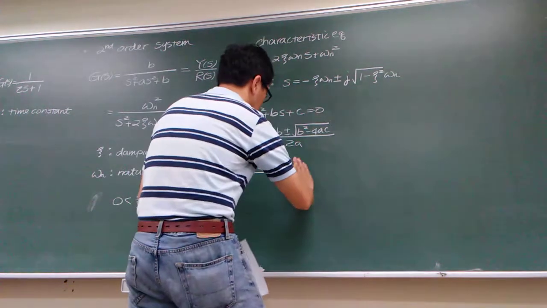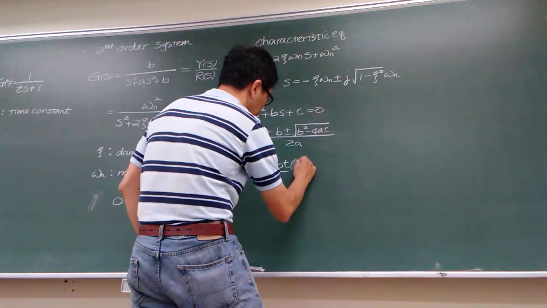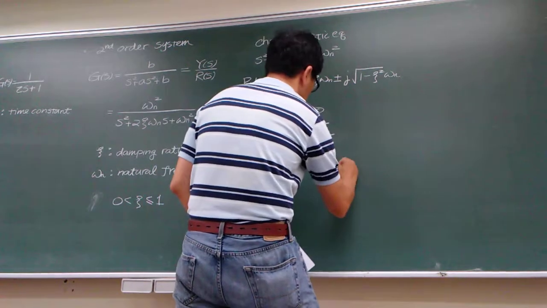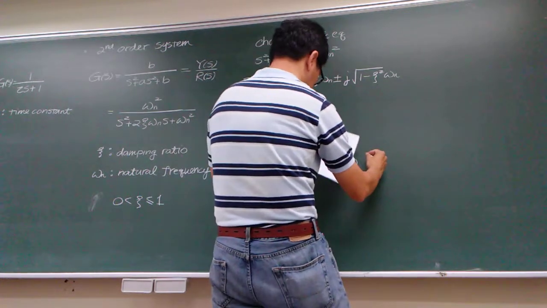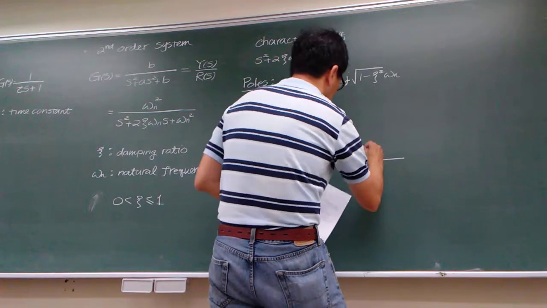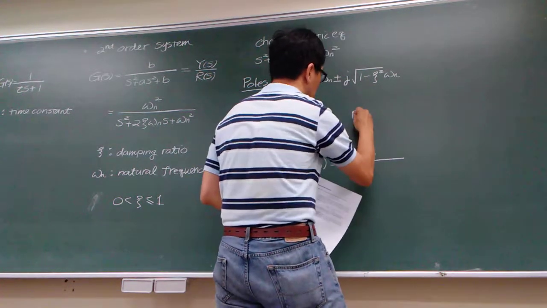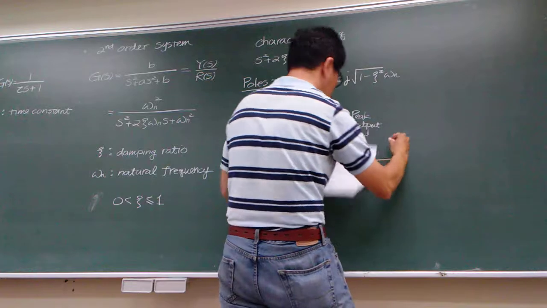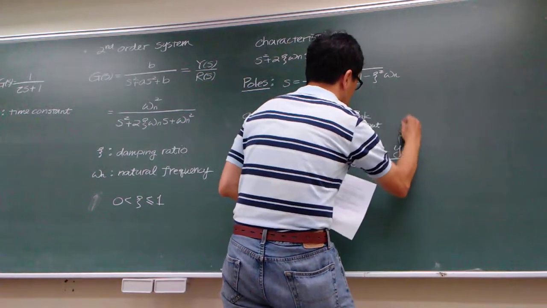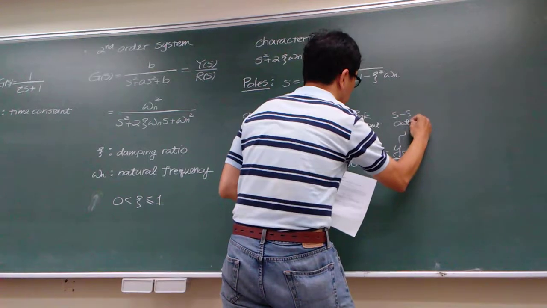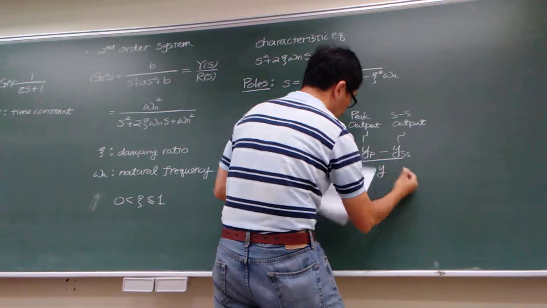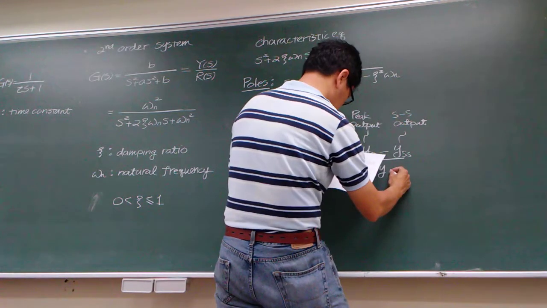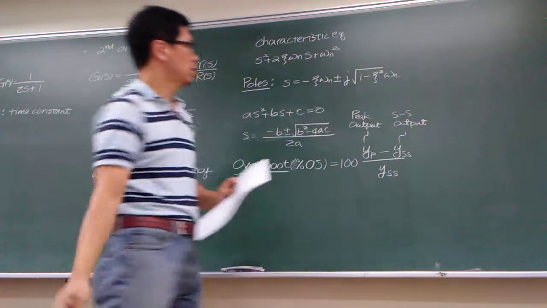Overshoot. Normally we would like to use a percentage. This one over here is going to be the 100 times the peak output minus the steady state output, divided by the steady state output.